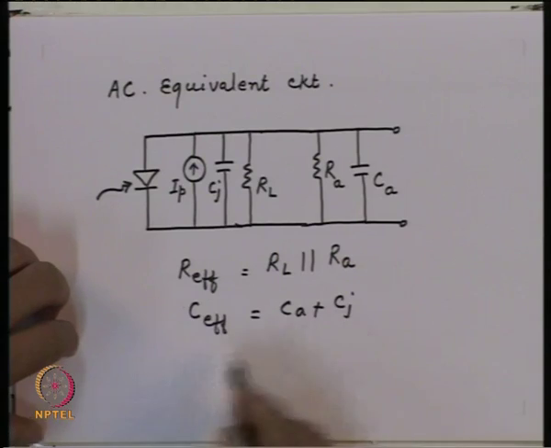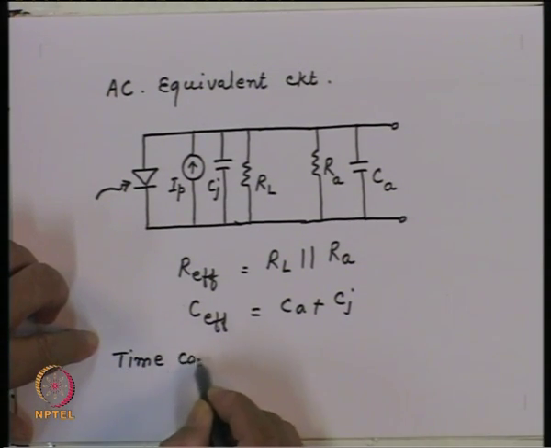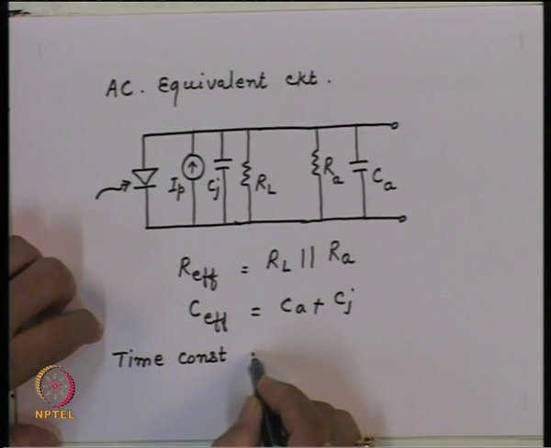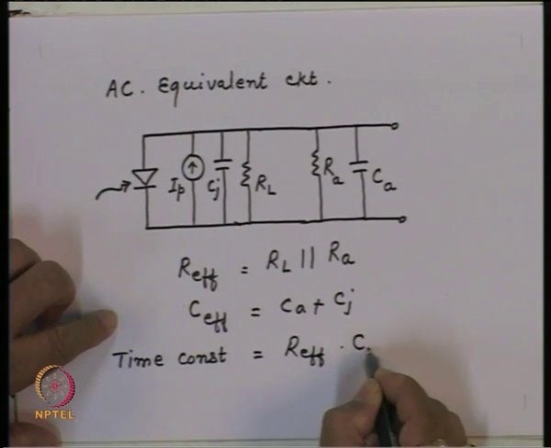So this circuit has a time constant which is R effective times C effective.